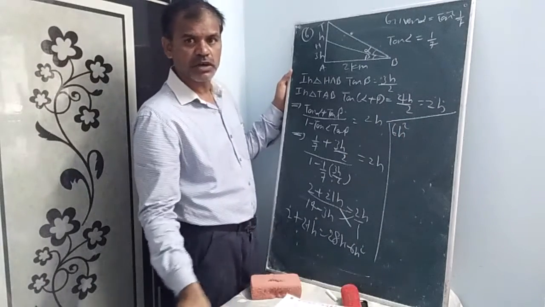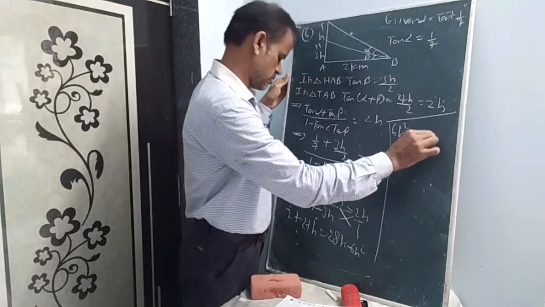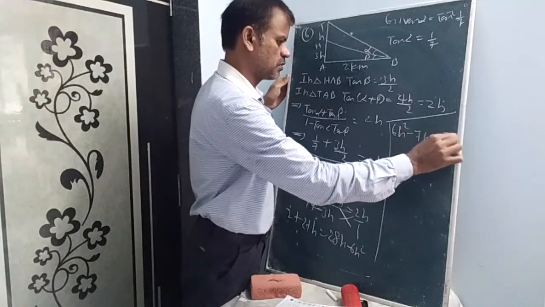Taking to this side, 6h square minus 7h plus 2 equals 0.